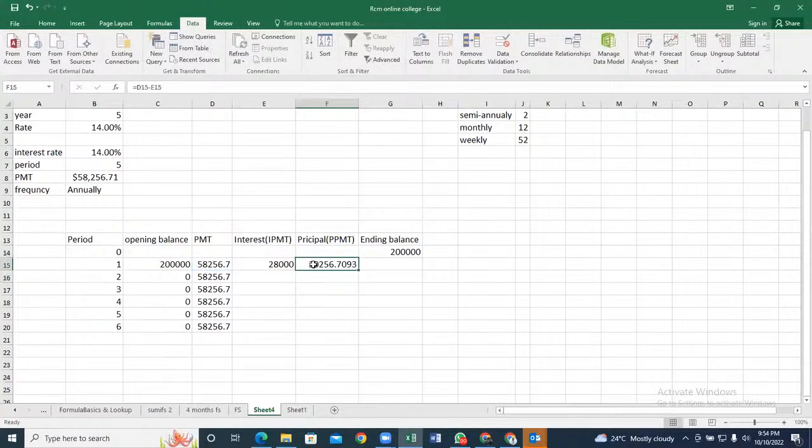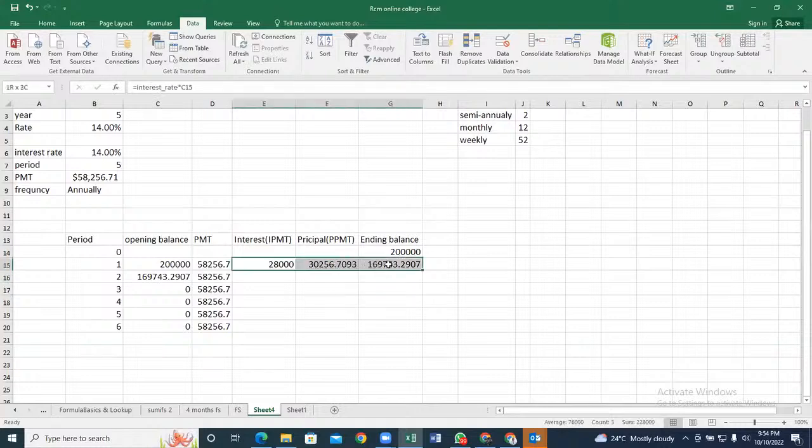How do we get ending balance? Ending balance is equal to opening minus principal amount. Then you say enter.